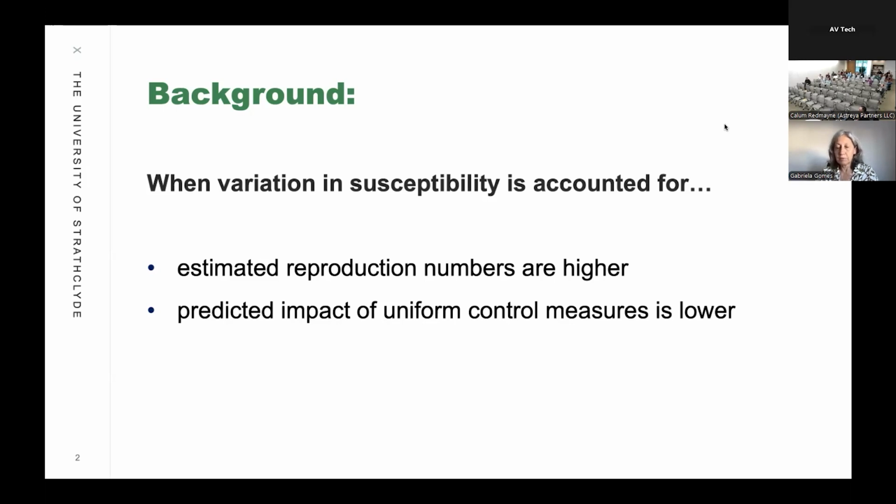So if there is heterogeneity in the real system and we don't incorporate that in the model, we are going to underestimate the reproduction numbers, and we are going to overpredict the impact of interventions, because interventions seem to have higher impact if the reproduction numbers are lower. So the two things are not independent.